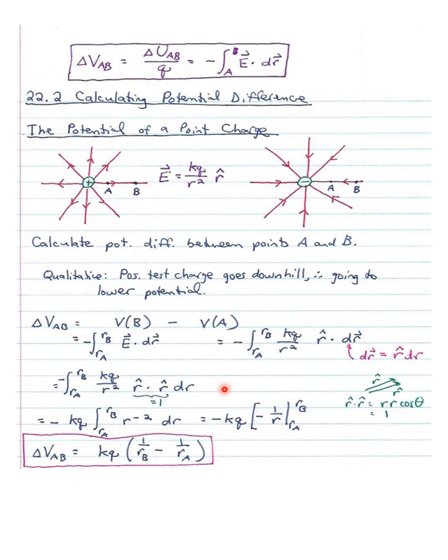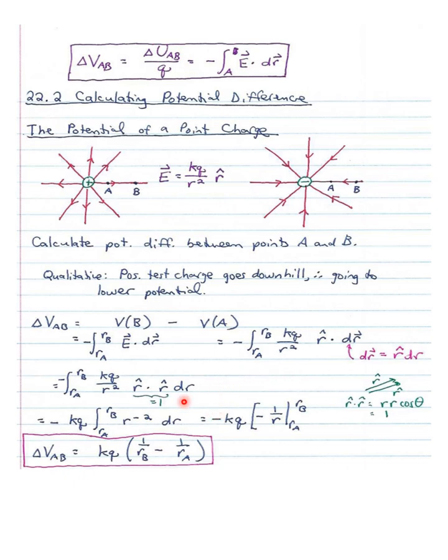And we're left with the dr. And you can see just some basics of dot producting over here in the green. You have r hat and r hat. r hat dot r hat is magnitude r times magnitude r times cosine theta. But remember, in this case, r is 1, and cosine of 0 degrees is 1. So in the end, we're left with just that dr.